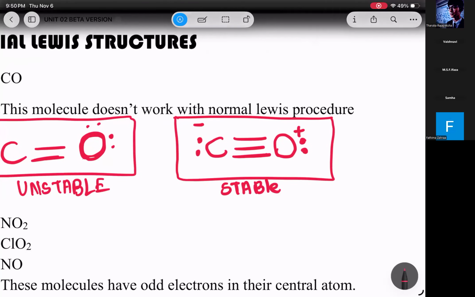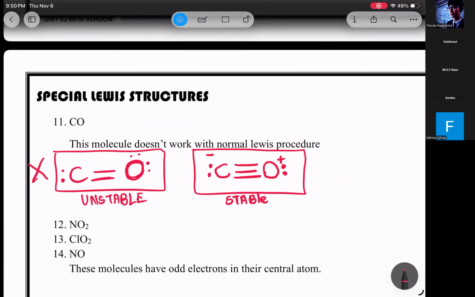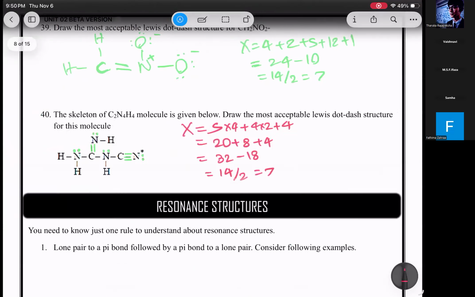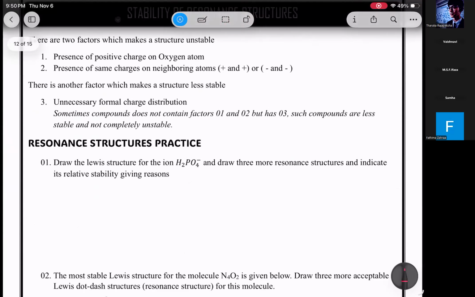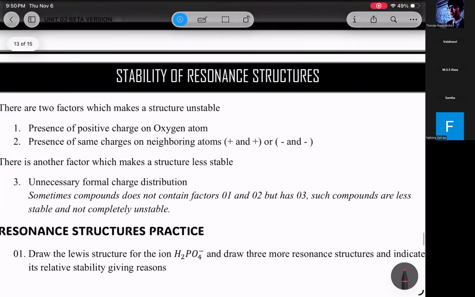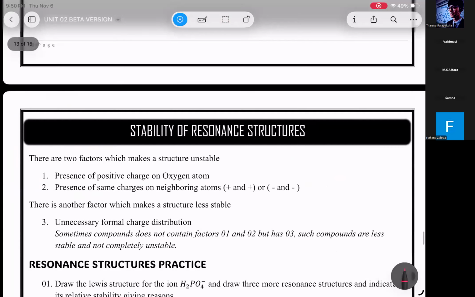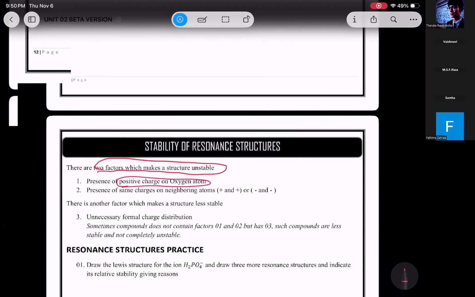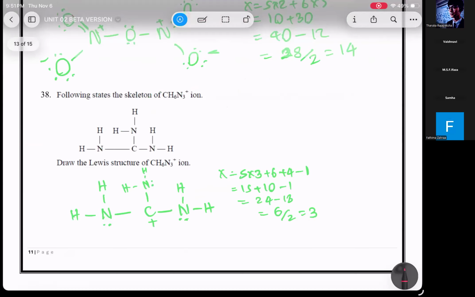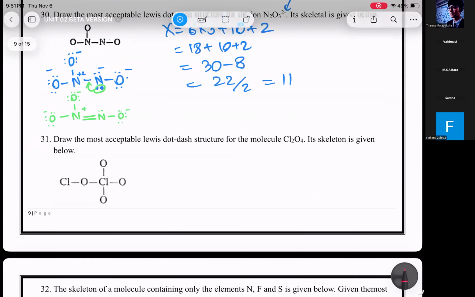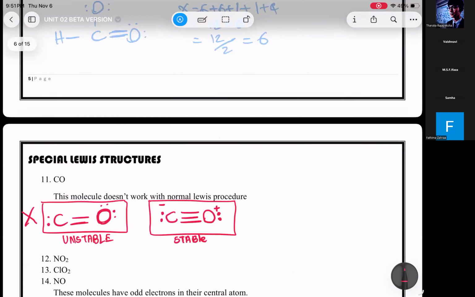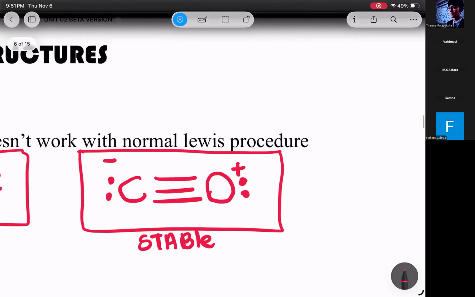හරි. දැන් ඉස්සරහට resonance structures වල ඉගෙන ගන්නවා. There are two factors that make a structure unstable. ඒකෙන් පළවෙනි එක තමයි presence of a positive charge on oxygen atom. එතකොට මේකේ oxygen has a positive charge නේ.